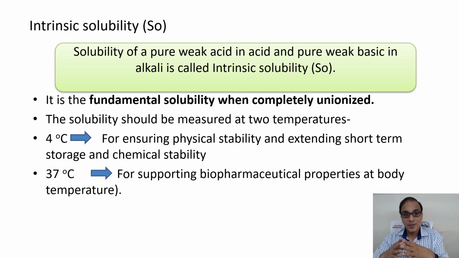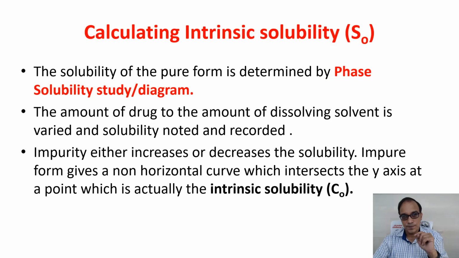The solubility should be measured at two temperatures: 4 degrees Celsius, for ensuring physical and chemical stability and extending short-term storage, and 37 degrees Celsius, for supporting the biopharmaceutical properties at body temperature. So at these two temperatures intrinsic solubility must be calculated.